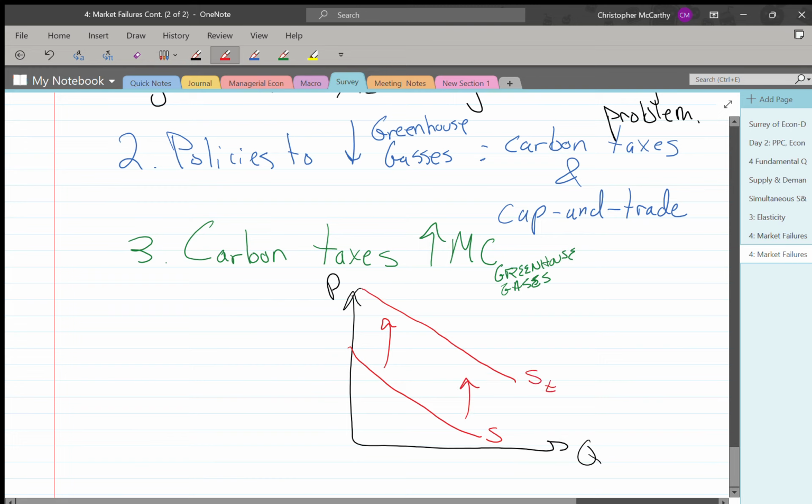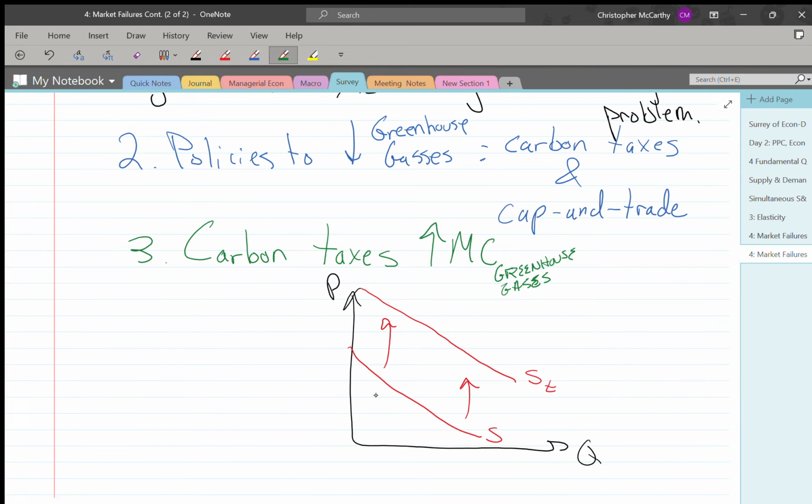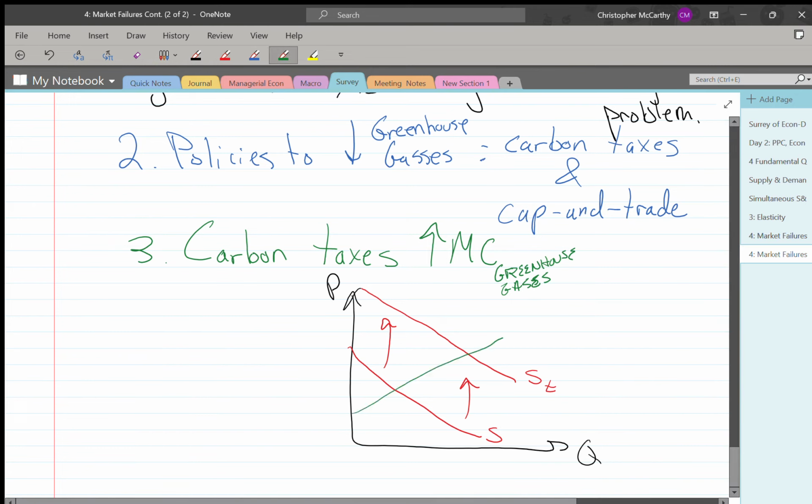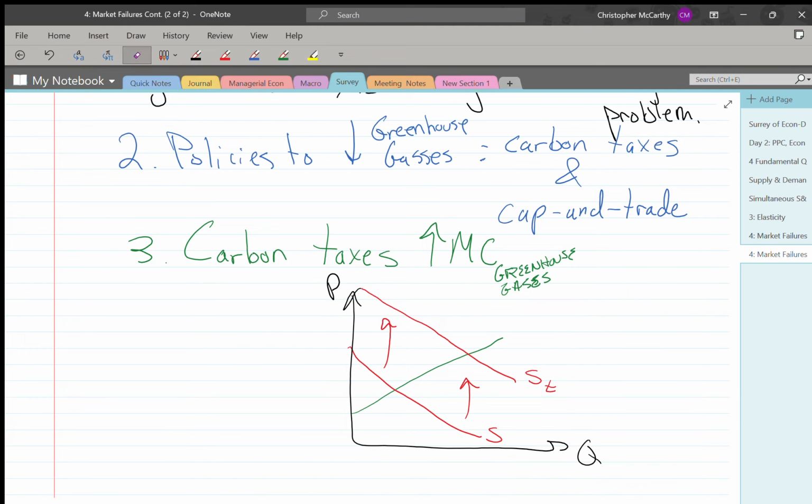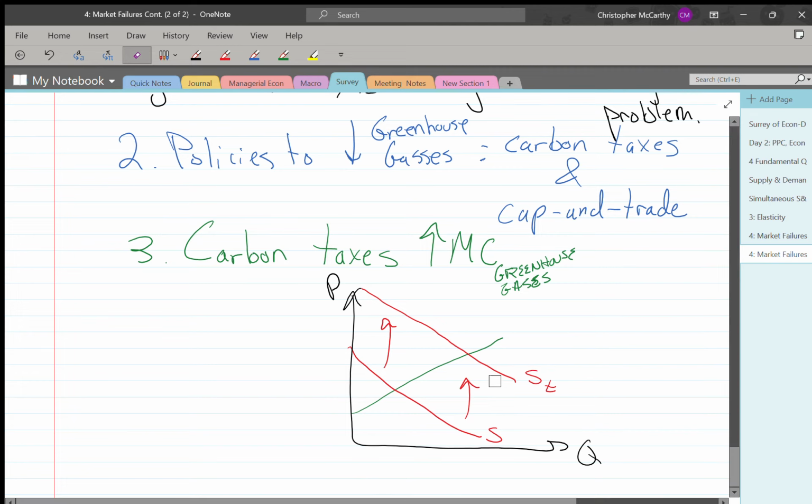And so if there's a constant demand curve, that's why we don't do upward, we do leftwards. So a carbon tax, I actually labeled this all backwards. Look at me. Demand is downward sloping, not supply.